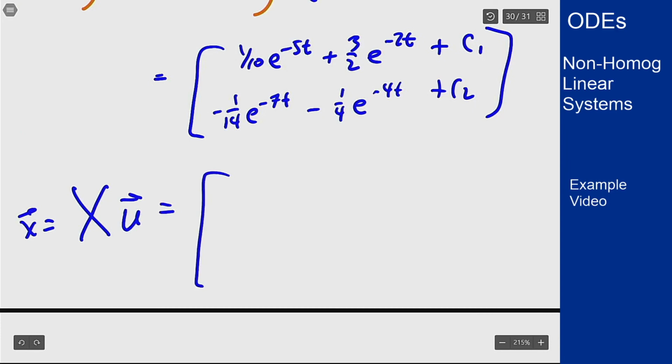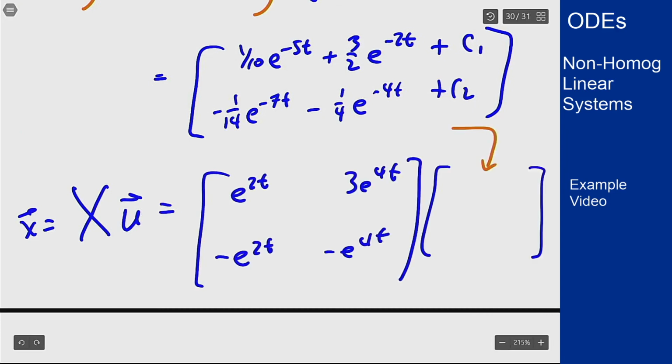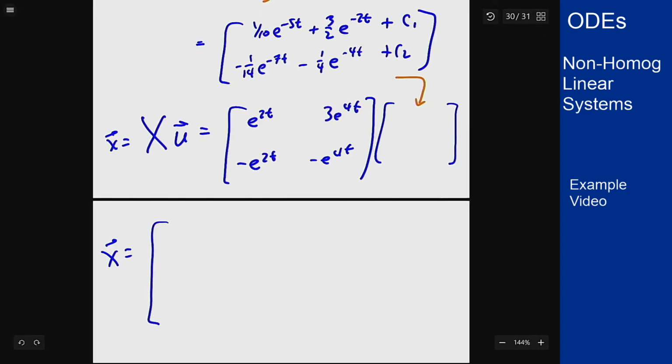Our fundamental matrix of solutions, which was, and then we can just write out term by term what this is. So we'll see a 1/10 e to the minus 3t when I multiply this by this term, and then plus a 3/2 plus c1 e to the 2t, and then plus the next term, which is going to be a negative 3 over 14 e to the minus 3t minus 3/4 plus a 3c2 e to the 4t.